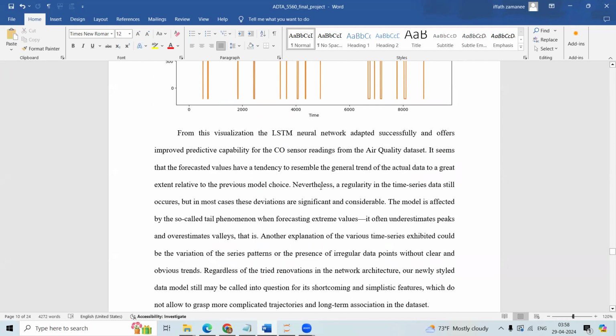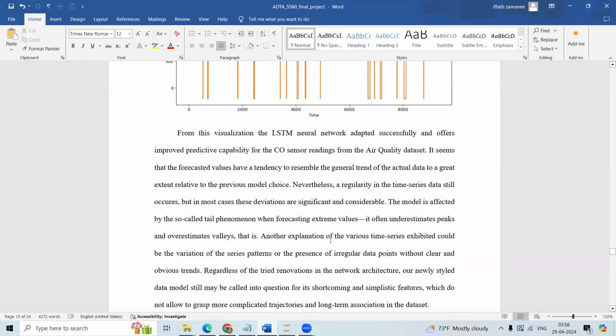Nevertheless, irregularity in the time series data still occurs, though in most cases the deviations are small. The model is affected by the so-called tail phenomenon when forecasting extreme values. It often underestimates peaks and overestimates valleys.